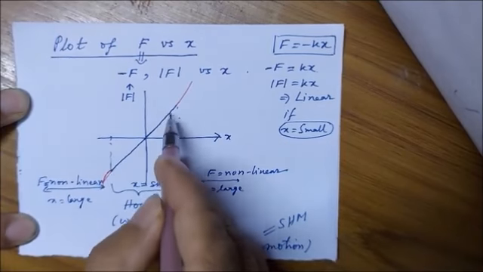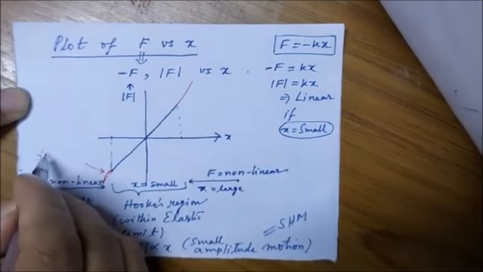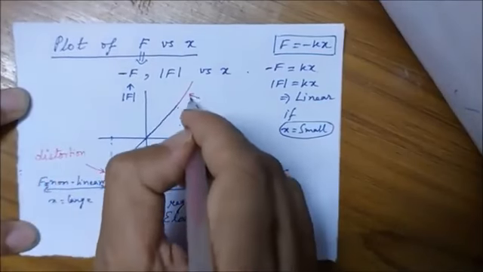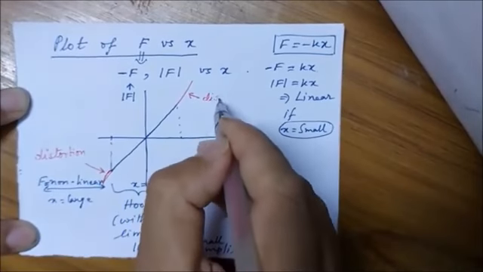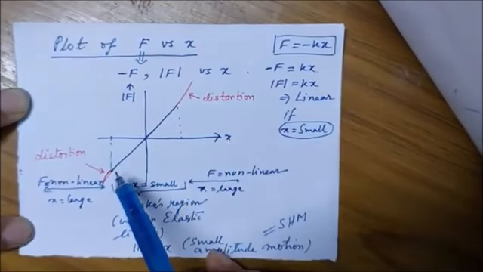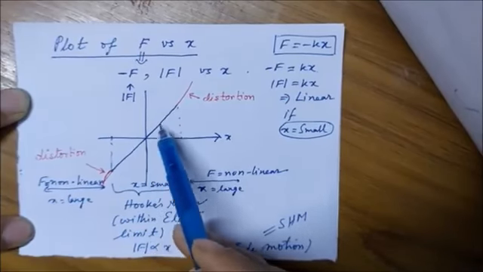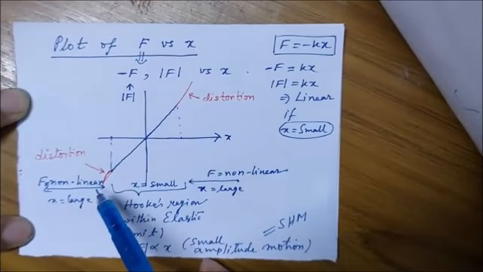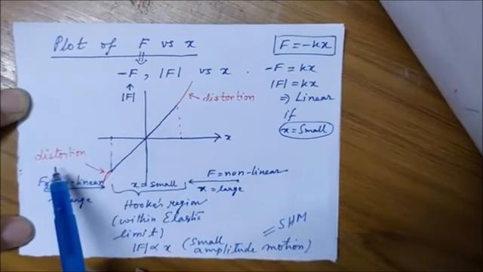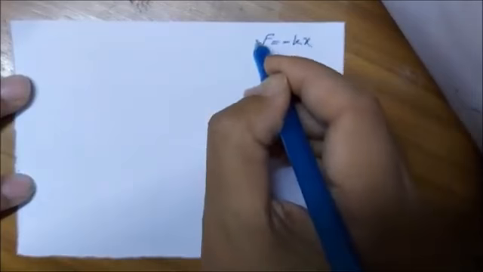The curve will bend from its linear movement. So let me reiterate that this region is linear. Here f is proportional to x, but outside it f is not proportional to x and the dependence is extremely complicated, and this is called distortion. Hooke's law is f equal to minus kx.